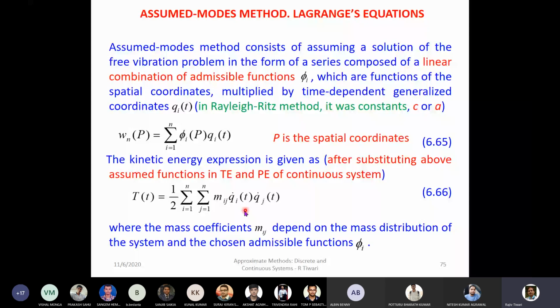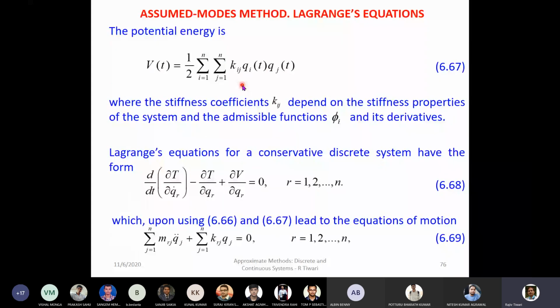Similarly, for the potential energy in the discrete formulation, we get this form where Kij is the stiffness coefficient and these are the generalized coordinates. Here the stiffness coefficient again will depend upon the admissible function which we have chosen, because we are basically talking about the continuous system, but it has been discretized to an n degree of freedom system.